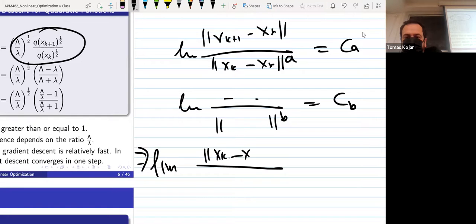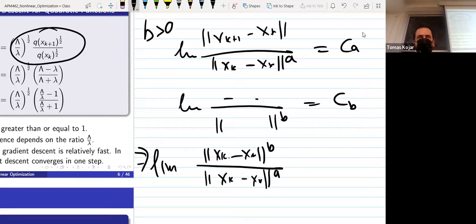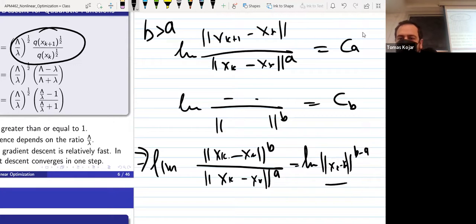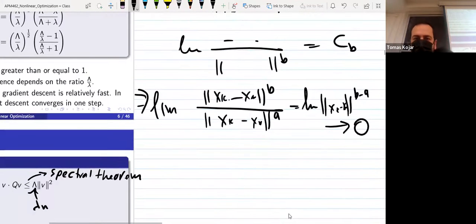So look at the limit of the norm of x_k to the b over to the a. And let's take b bigger than a. So this is b minus a, so it goes to 0. But then what is this ratio? So this ratio is C alpha over C beta, right?